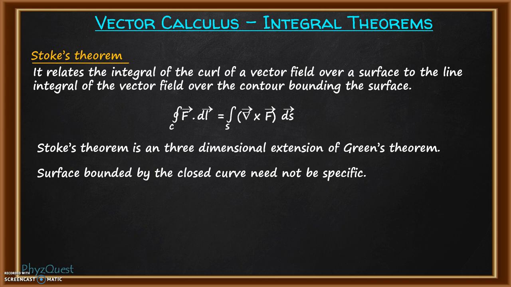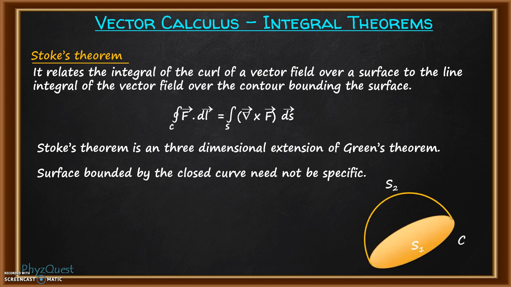This means, suppose we have considered this case here. We have a closed curve C. Now this encloses two surfaces here. First is S1. It is an oriented surface. This surface is flat, but it's an oriented surface.